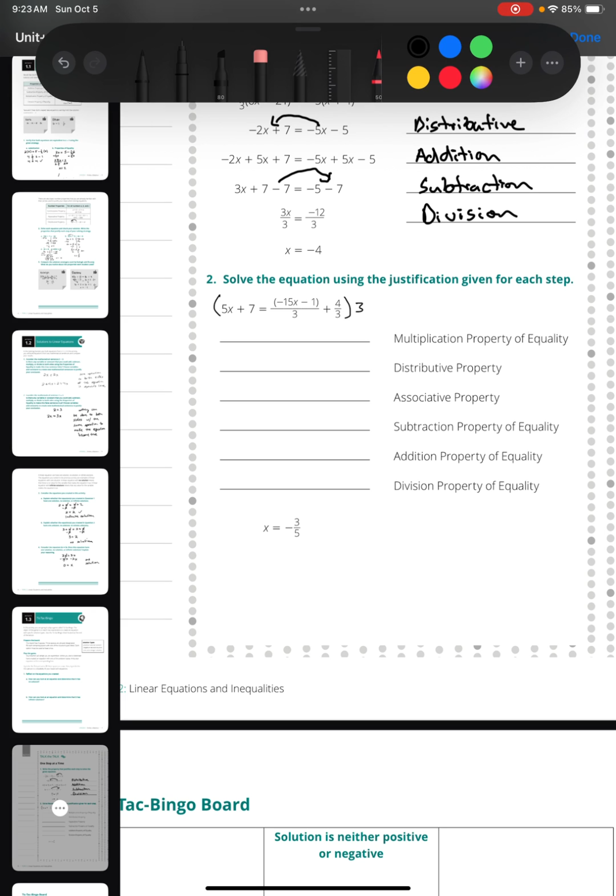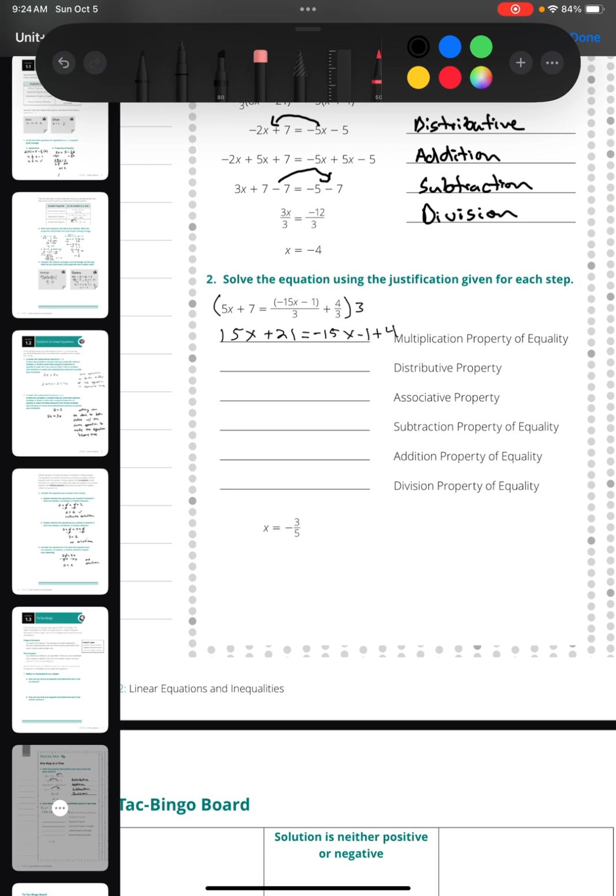So essentially the left side, 3 times 5 would become 15x. 3 times 7 would become 21. And on the right side, multiplying by 3 would cancel out the 3, and we'd have negative 15x minus 1 plus 4.